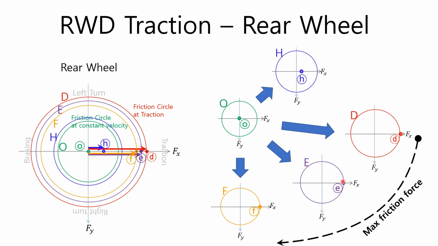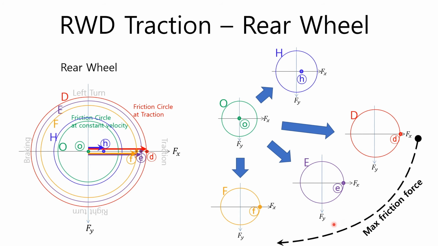When the magnitude of the slip increases infinitely, the operating state becomes point F and exists on the circumference of the friction circle F. The important point here is that DEF's driving state uses maximum frictional force, so if even a slight lateral force is generated, lateral sliding occurs in which the rear wheel is pushed outward.